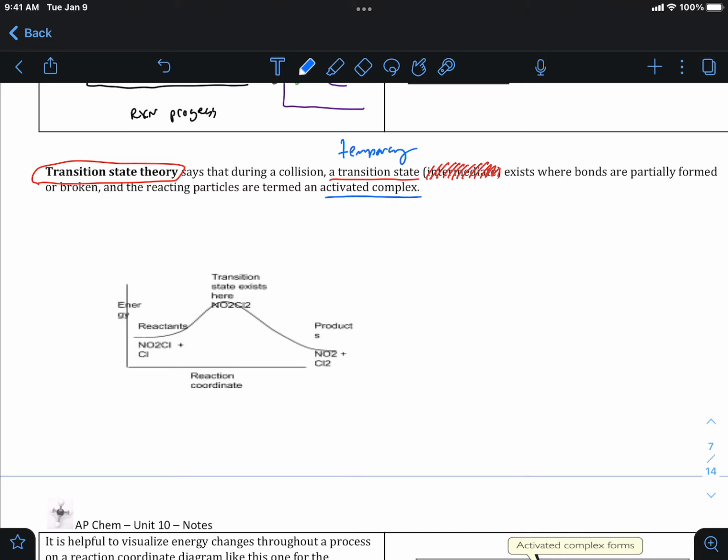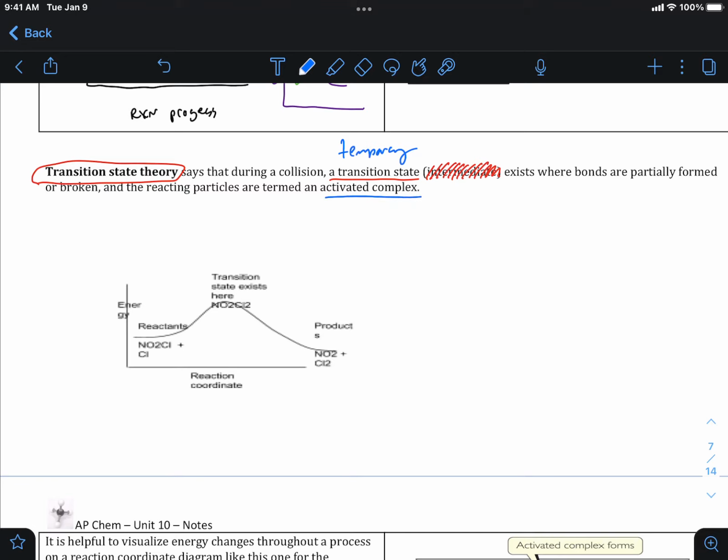Well, the peak is the least stable place on an energy profile. And so that transition state is very, very temporary because it's the most unstable. It just can't stay that way. It's very fleeting. So be able to identify where that is on an energy profile.